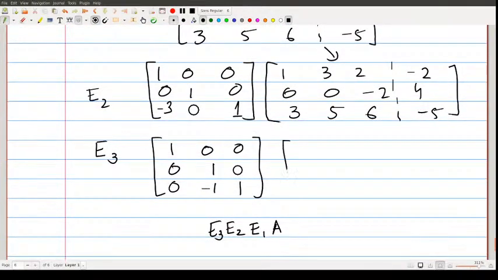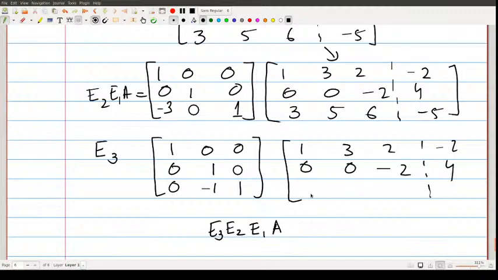And now let's see what we get. So this is going to be E2 times E1 times A, right? So we preserve the first row, minus 2, preserve the second row, 0 0 minus 2 4, and for the third row we want minus 3 of the first row and then plus 3 times the first row.